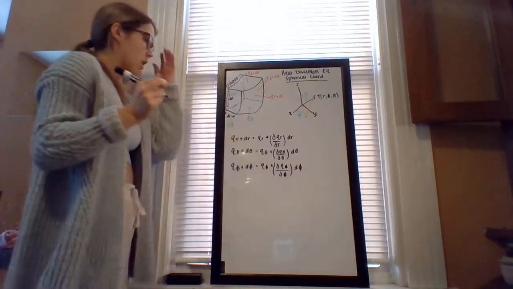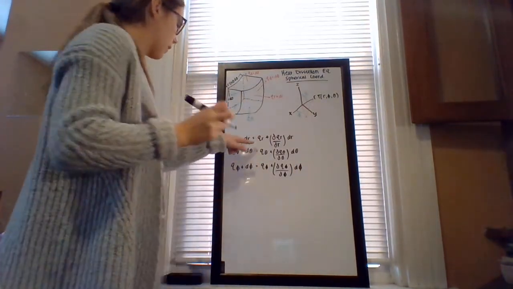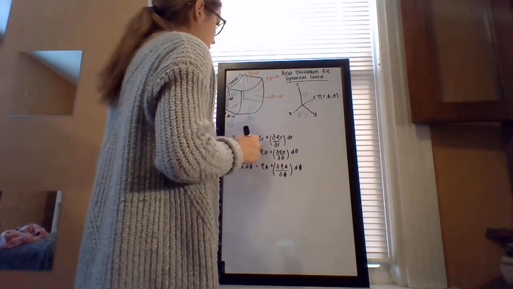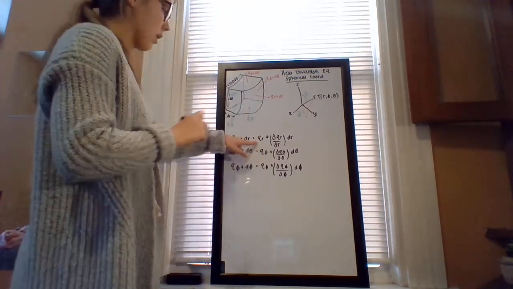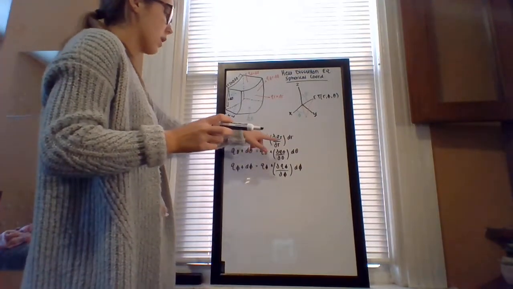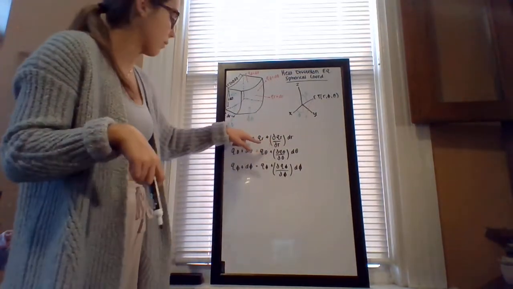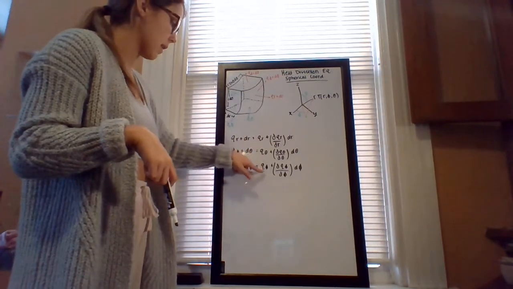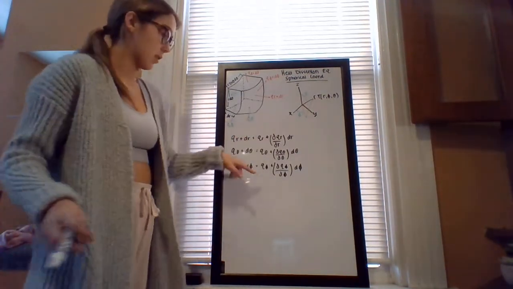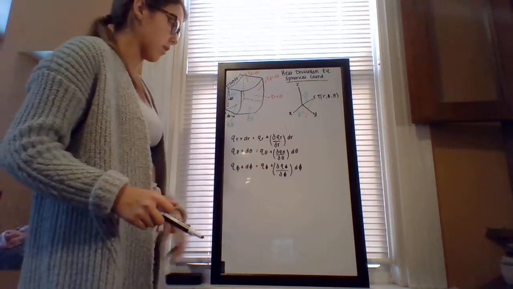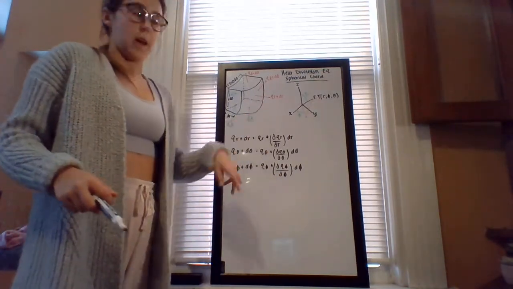Okay, so for this, this is just the heat flow in the radial direction, and then this is the sensitivity of the heat flow. It's going to be the same for these two, so it'll be the heat flow in the theta direction or the phi direction and the sensitivity of the heat flow for that.